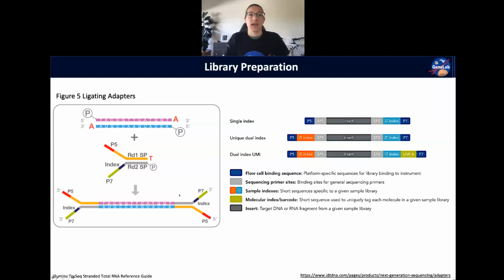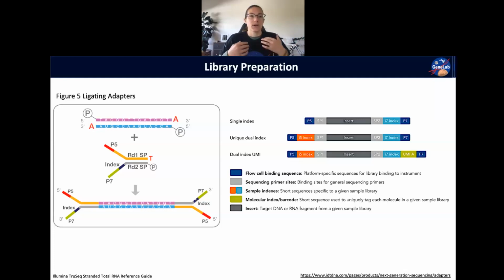Since we're combining sequences from several different samples, because as you saw in the Illumina video, we sequence billions of molecules at a time, way more than you need for just one sample, we combine a bunch of samples together to sequence all at once.